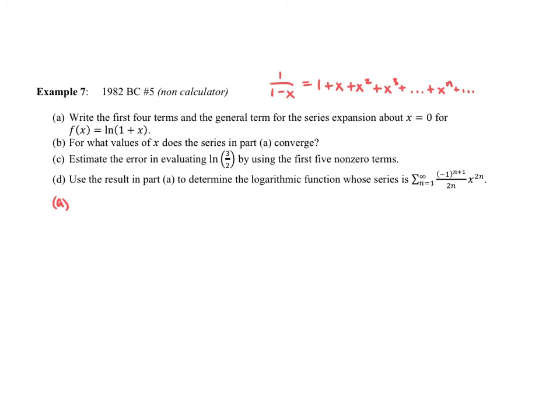So it's either going to be a derivative or an antiderivative to try to figure out how to compare these two. And so my conclusion is that the natural log of 1 plus x is equal to the integral of 1 divided by 1 plus x dx. So we know the antiderivative of 1 over 1 plus x is the natural log of the absolute value of 1 plus x. And so therefore we're able to compare these through integration.